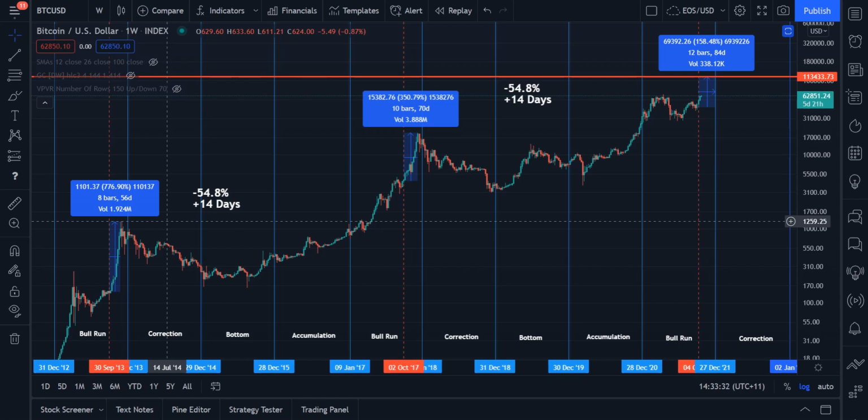Because the 4-year cycle theory is based on the halving, but other than that, there's nothing actually to it, right? It's all just psychology. We've convinced ourselves that every Q4 we're going to pump and it's going to top out in December, and because enough people believe that, it actually materializes, right? And that's why you should have more faith in cyclical theory than in any other theory in the crypto market, because there's nothing stronger than what humans think, right?